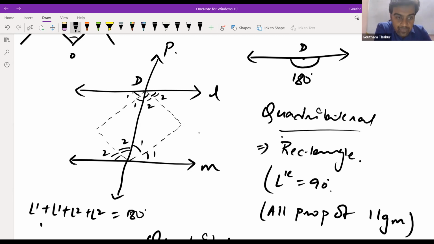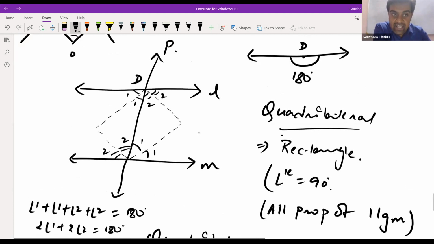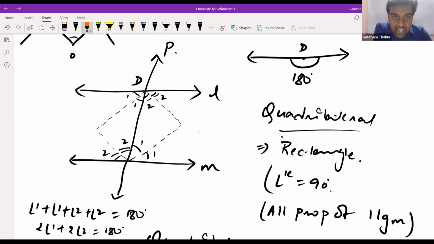So 2 times angle 1 plus 2 times angle 2 is equal to 180 degrees, which means angle 1 plus angle 2 is equal to 180 divided by 2, that is 90 degrees. Which means the angle formed for this particular quadrilateral is 90. Similarly, this angle is also 90, so these two angles are also 90.